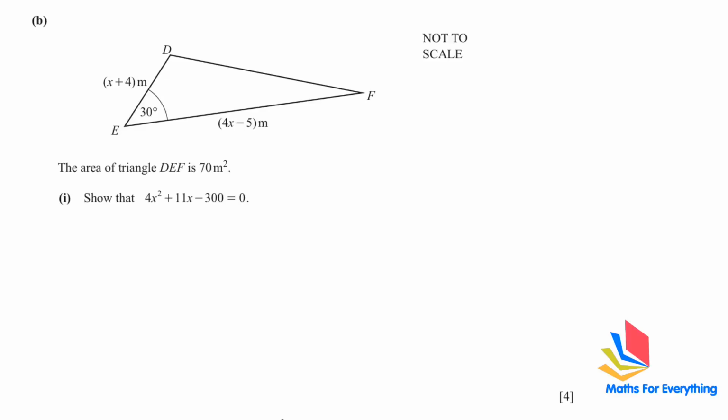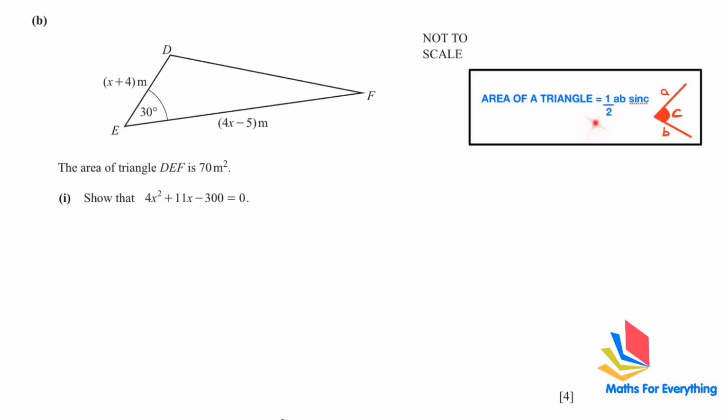Part B. We have been given a triangle and the area of triangle DEF is 70 square meters. Show that 4x squared plus 11x minus 300 is equal to 0. So you can understand that this has something to do with area. It's not a right angle triangle, as you can see very clearly. If it's not a right angle triangle and you want to find the area, we use the formula half ab sine C. a and b are your sides and C is your angle in between.